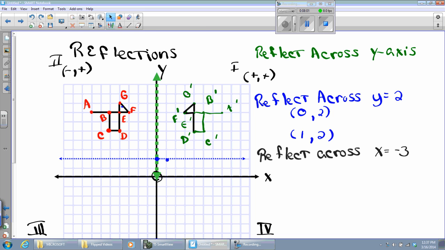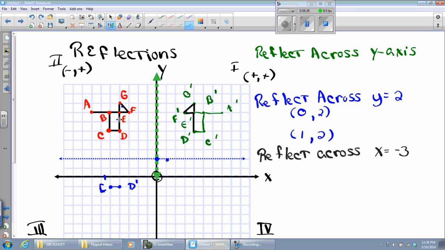Now, again, all I'm going to do is count. D and C are both 1, 2, 3 above, 1, 2, 3 below. Okay.